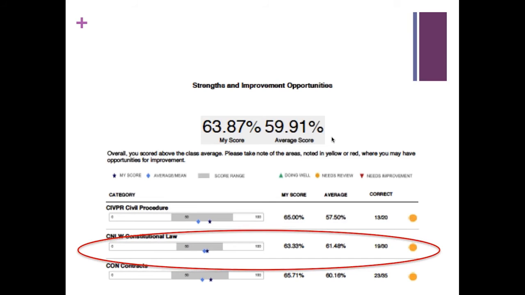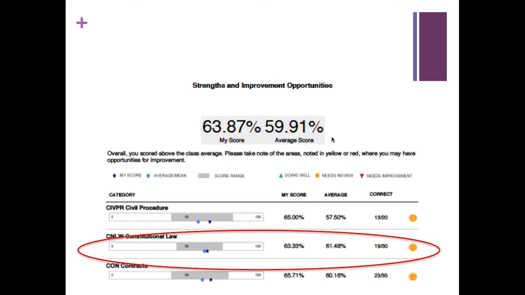So if we blow this up a bit, you can see that if we look at constitutional law, the student scored 63%, whereas the average was 61%. And again, in my opinion, I still don't know if that's good enough for the individual student to know in order to improve his or her learning.